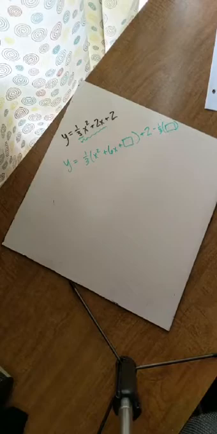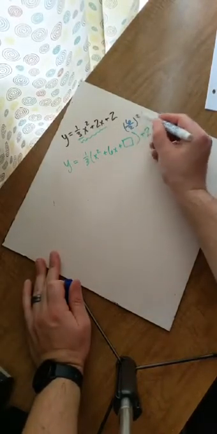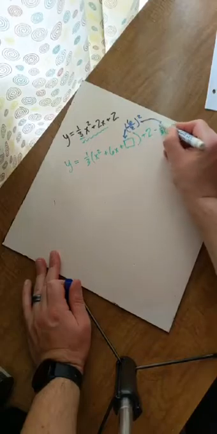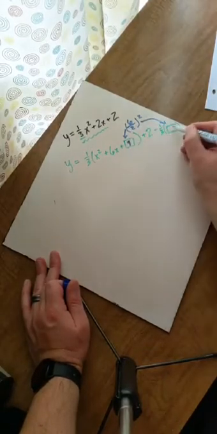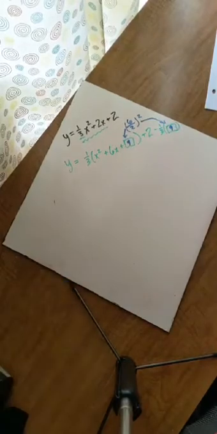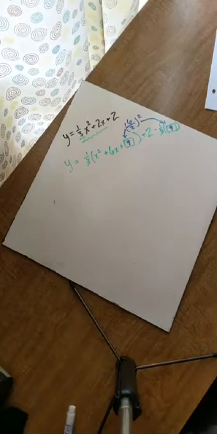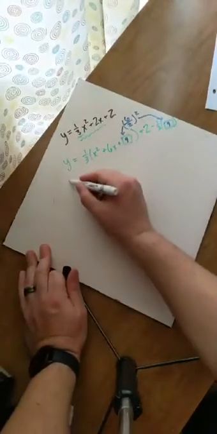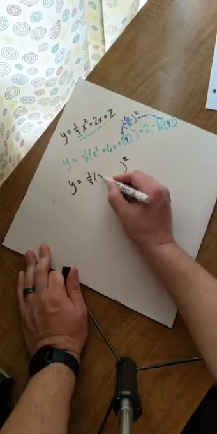Okay, so what goes in this blank? We take the middle number 6, divide it by 2, and square it, which is just what we did. 6 divided by 2 is 3. 3 squared is 9. So the equation is y equals 1/3, still going to be x here.